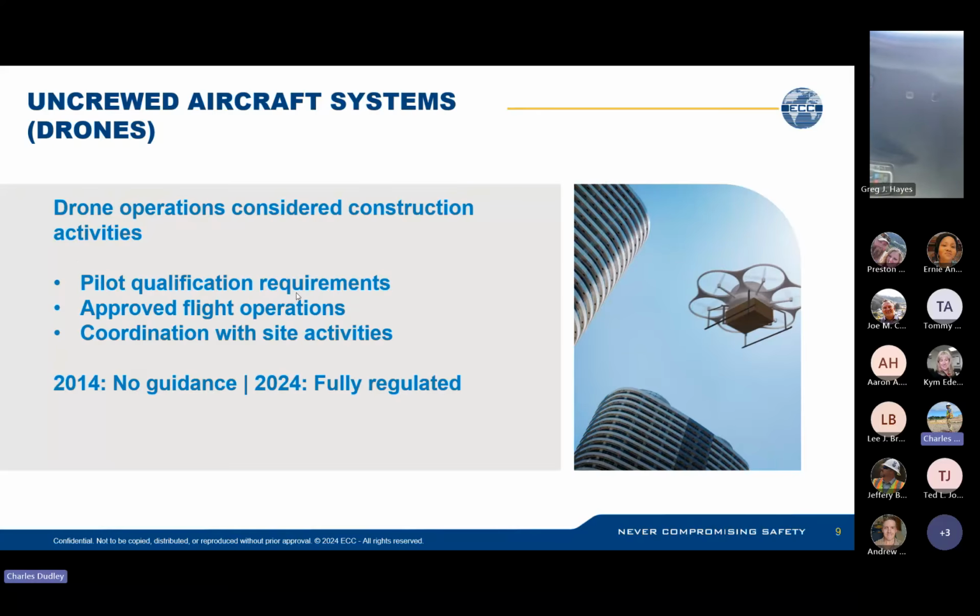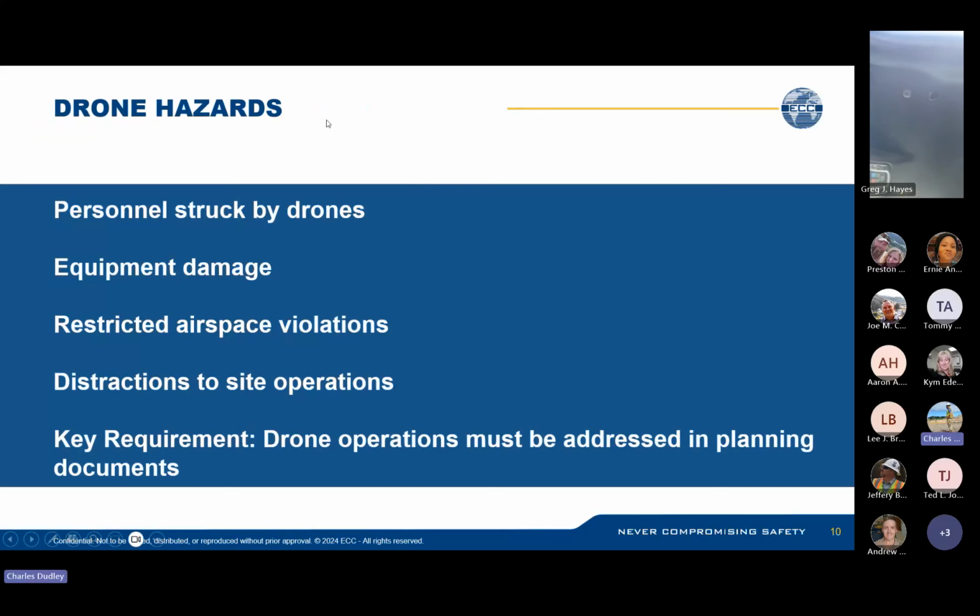All right, so some hazards associated with the drones: personnel struck, equipment damage, obviously restricted airspace violations. We work a lot in the federal world where, no-fly zones. Distractions to site operations. You don't want a drone up there while you're slinging steel, setting up a new hangar, and the guy walking the steel gets distracted.